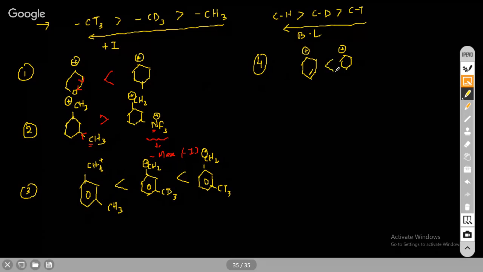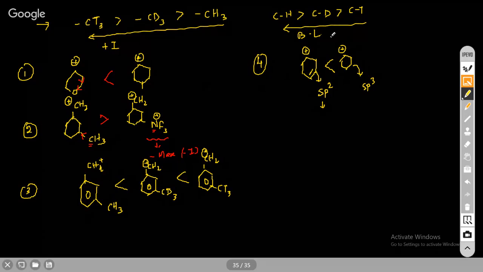Okay, the answer will be this because this carbon is sp2 hybridized and this carbon is sp3 hybridized. So it is more electronegative and it has more electron withdrawing nature, right? So the positive charge density increases over here, and here it is lesser. So the stability of the second is more than that of the first.